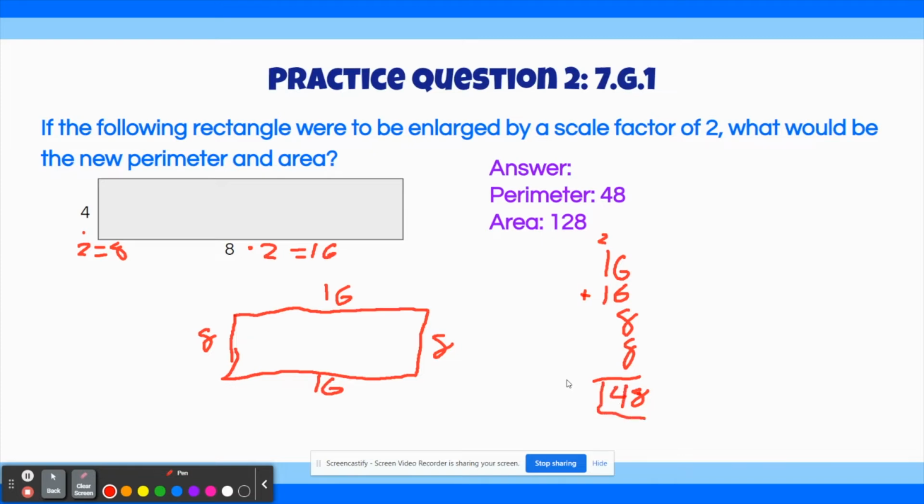So that would be our final perimeter. And then the area is going to be this side length multiplied by this side length, so the length times the width. So we have 16 times 8, and we get 128. So that would be our area and perimeter.